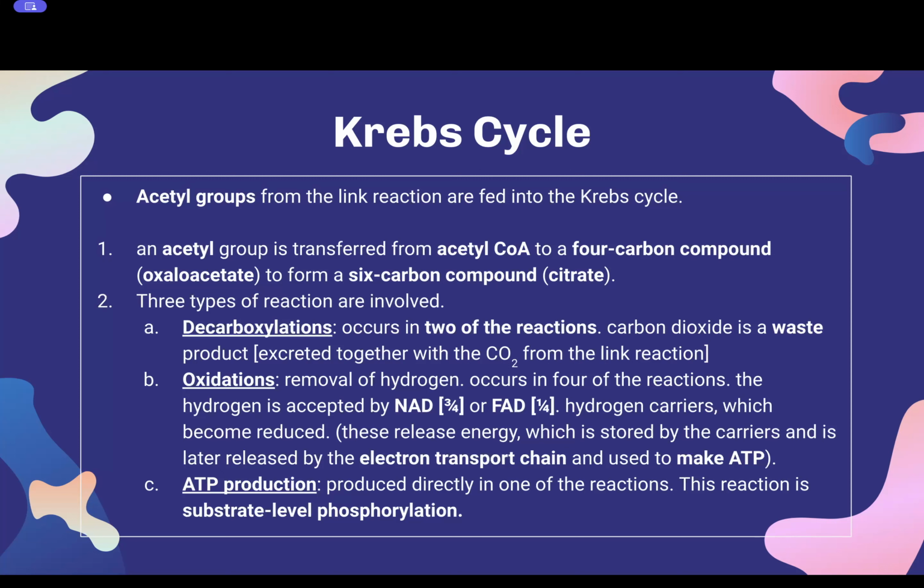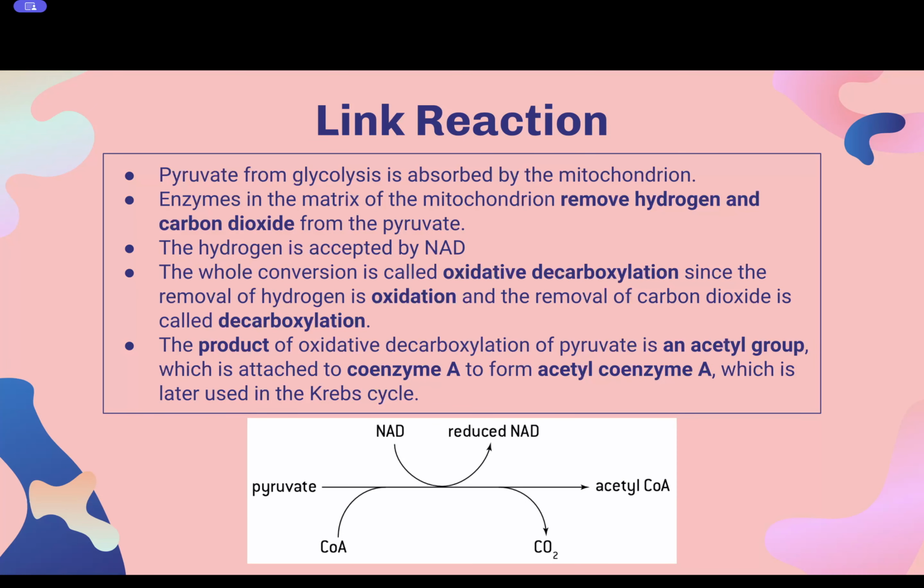So within the Krebs cycle, there are 3 types of reactions. There's decarboxylation, oxidation, and ATP production. Decarboxylation occurs in 2 of the reactions. Carbon dioxide is removed, that's decarboxylation, and it is a waste product, which is excreted together with the CO2 that occurs in the link reaction.